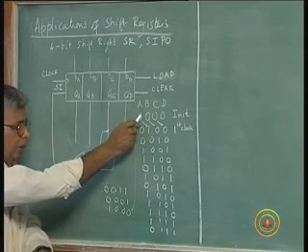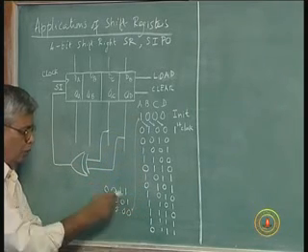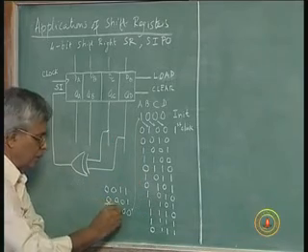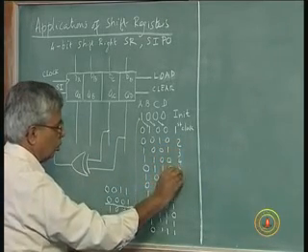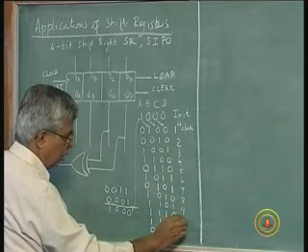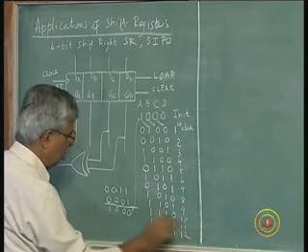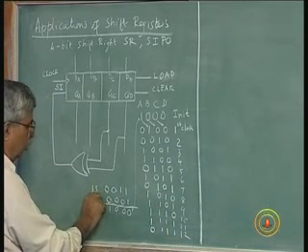This is the starting pattern. So 1, 2, 3, 4, 5, 6, 7, 8, 9, 10, 11, 12, 13, 14, 15 patterns. Again it repeats. So after the first clock, second, third, fourth, fifth, sixth, seventh, eighth, tenth, eleventh, twelfth, thirteenth clock, fifteenth clock.